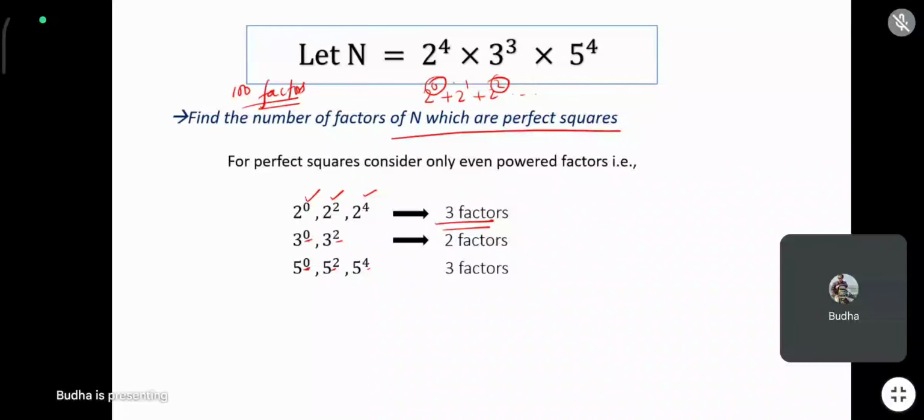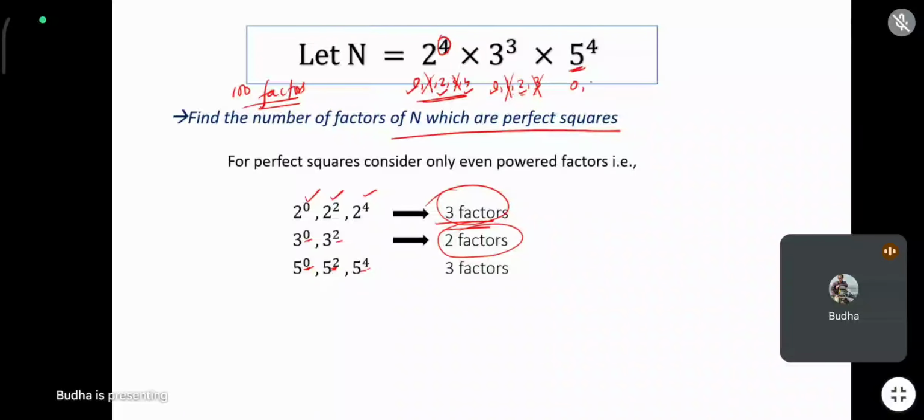See, what was our normal approach? If the power is 4, we start counting from 0, right? 0, 1, 2, 3, 4. So out of these, the even powers I'll consider. The rest I will not consider. So 3 from here. For this also 0, 1, 2 and 3. This is not required. Okay? So 1 and 2, that's why it is 2 factors. For this, 0, 2 and 4. Okay?